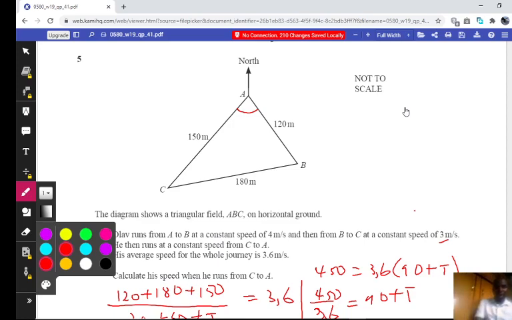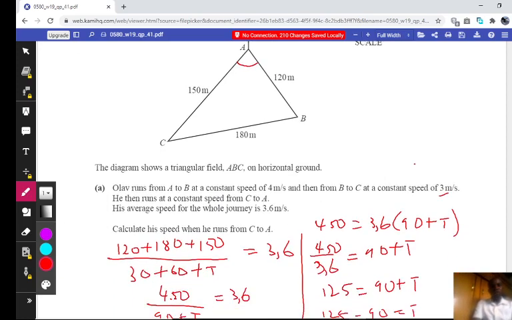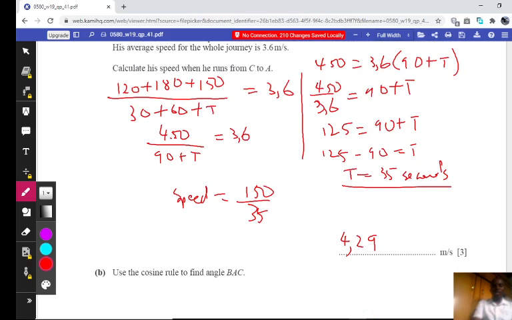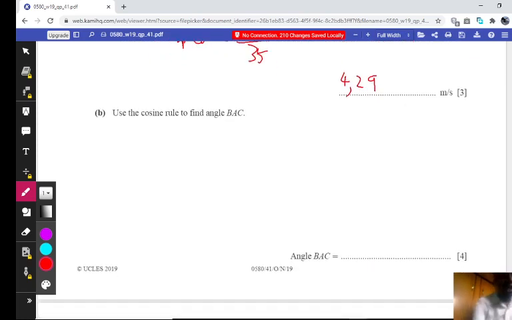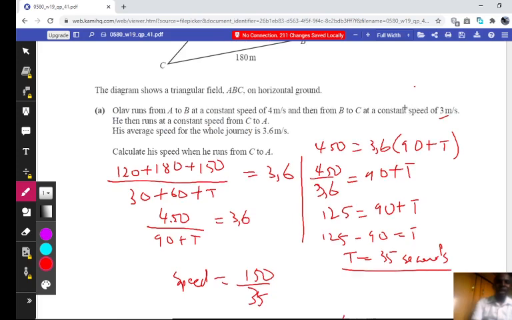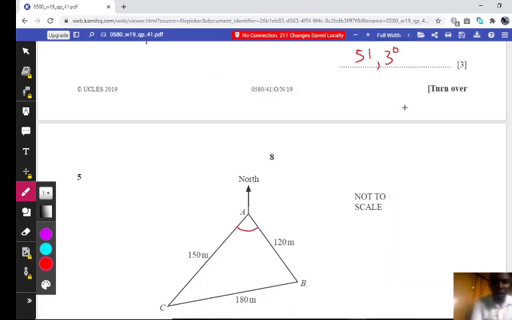You say, by cosine formula, a squared is equal to b squared plus c squared minus 2bc cos A. So your a is the side opposite that angle, which is 180 in this case. So this one is your a, this one is your b, and your c.